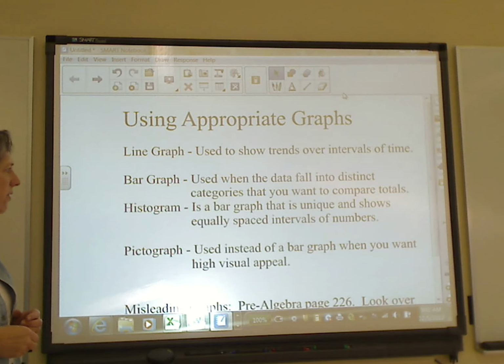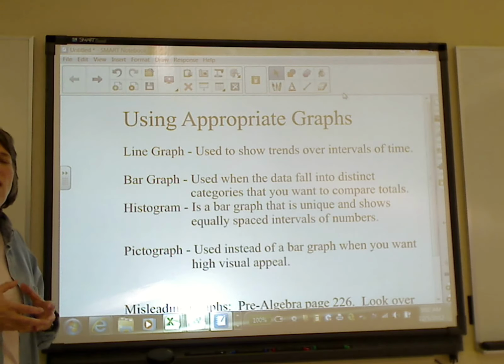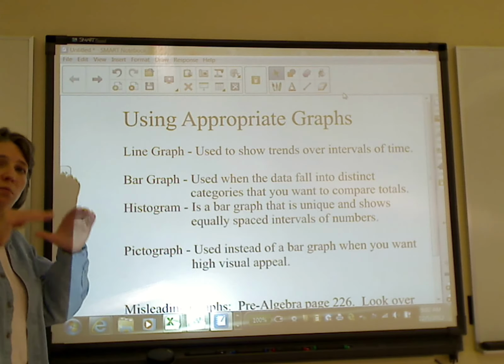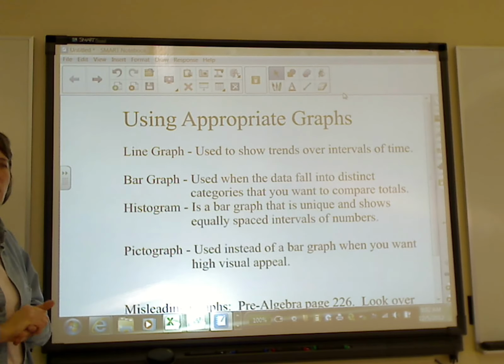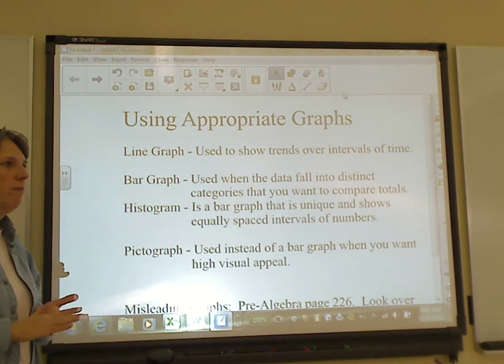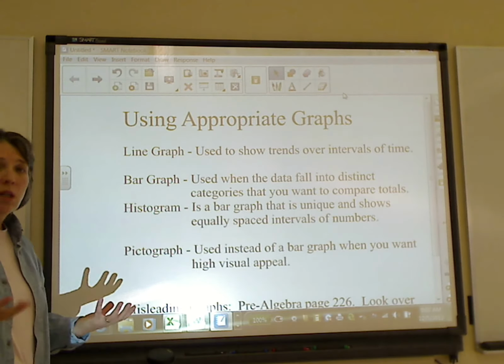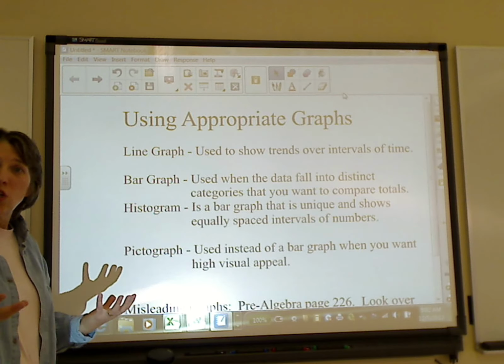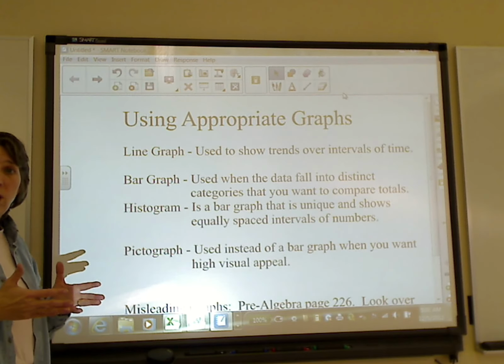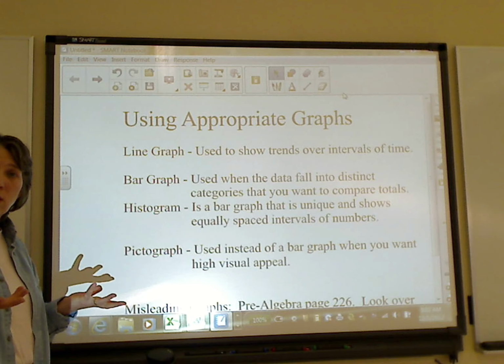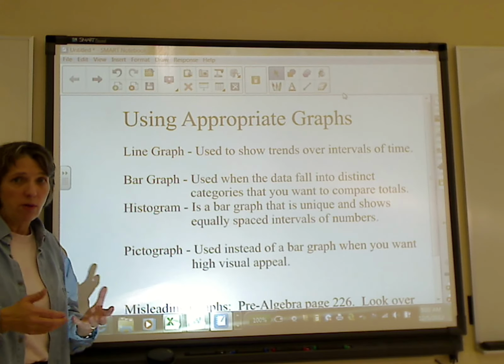A pictograph is also a bar graph, but instead of using bars, you actually use pictures to show the height of something. If you have the amount of meat consumption in the U.S. and chicken consumption, do people eat more meat or more chicken? And you have pounds consumed in a year. You can actually look that information up.